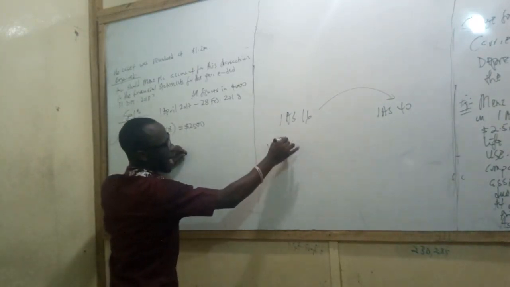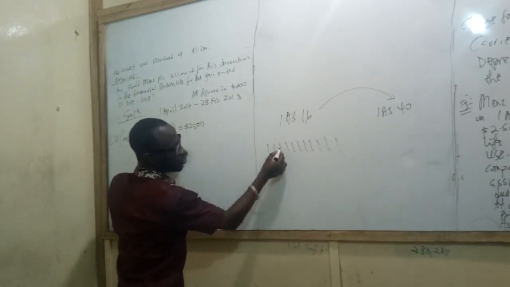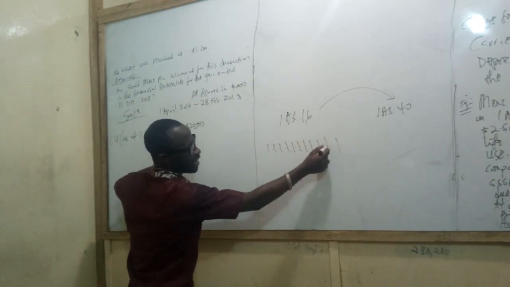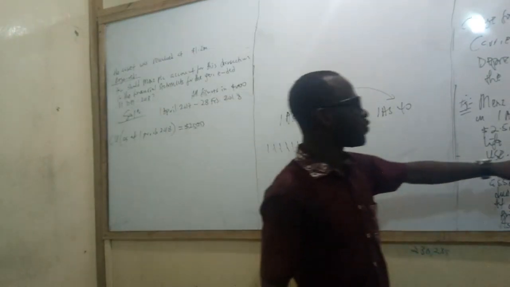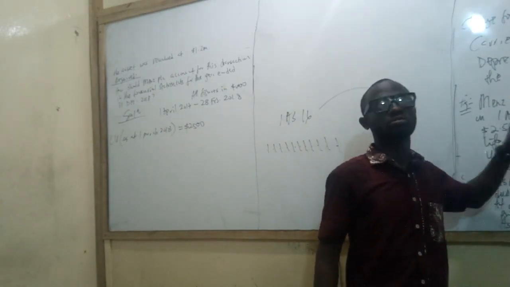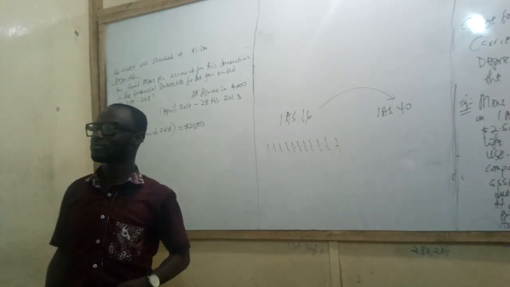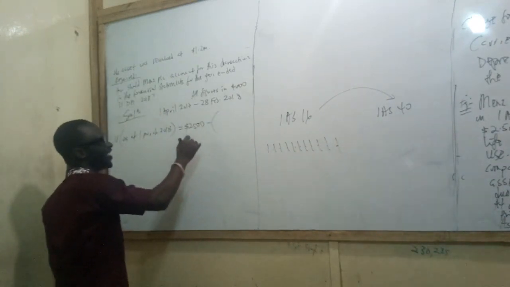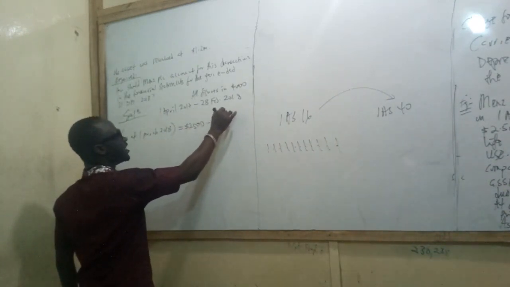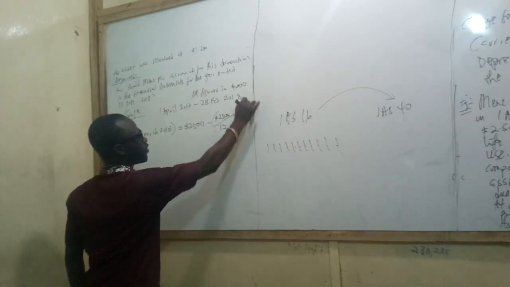April, May, June, July, August, September, October, November, December, January, February. 1, 2, 3, 4, 5, 6, 7, 8, 9, 10, 11 months. Good. What is the useful life of the asset? How many months are in 12 years? Don't worry. So we're going to have 2,500 divided by 12 years times 11 over 12, right?